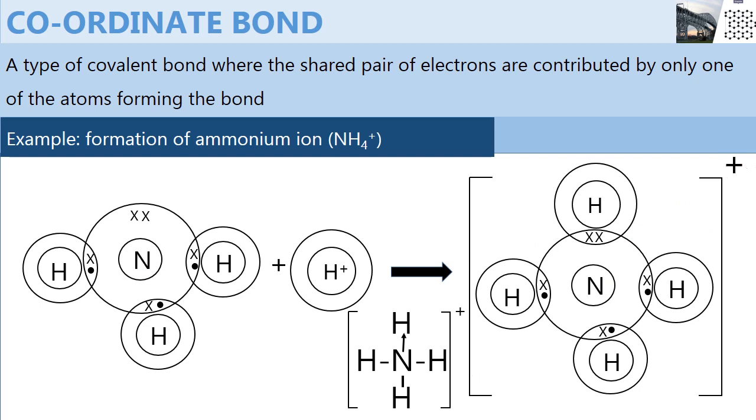A shorter representation of the same is here, whereby the dative bond or the coordinate bond is represented by an arrow, and the arrow faces the direction to which the electrons are shared to, or you can say the arrow points to the atom which receives the electrons for sharing.